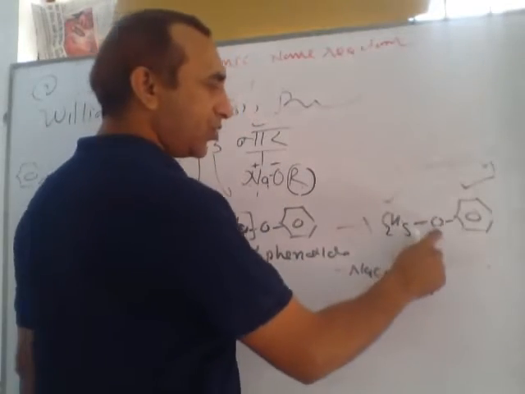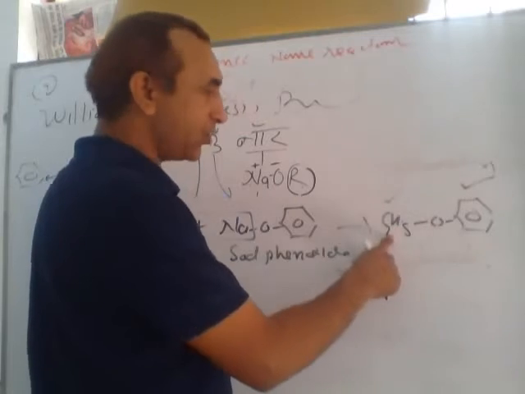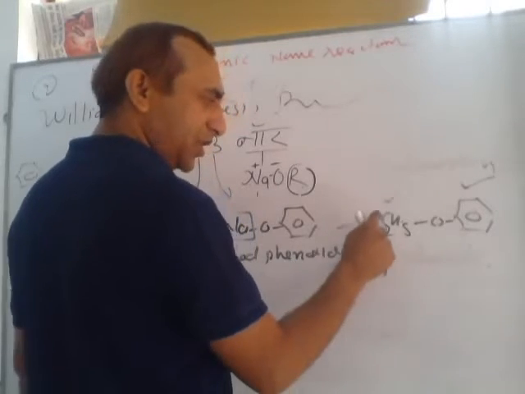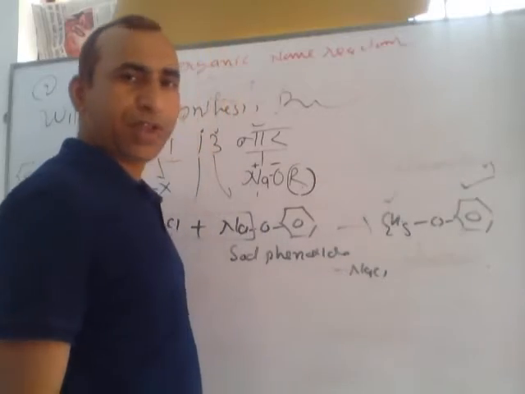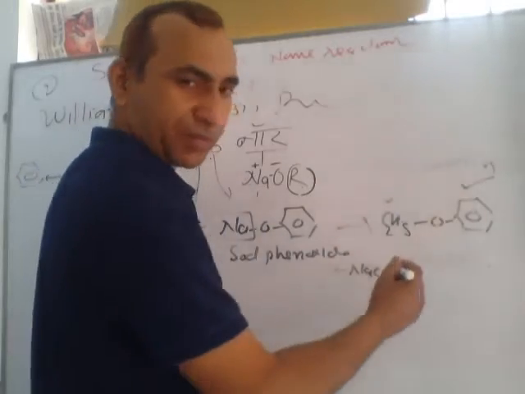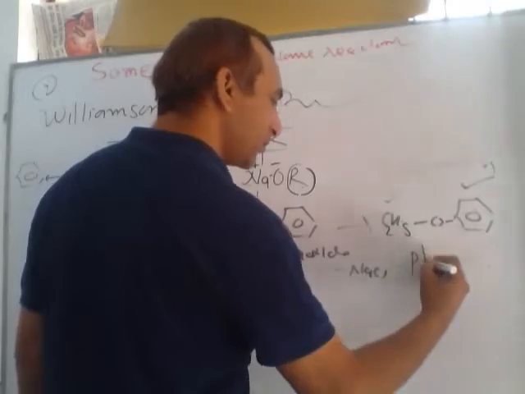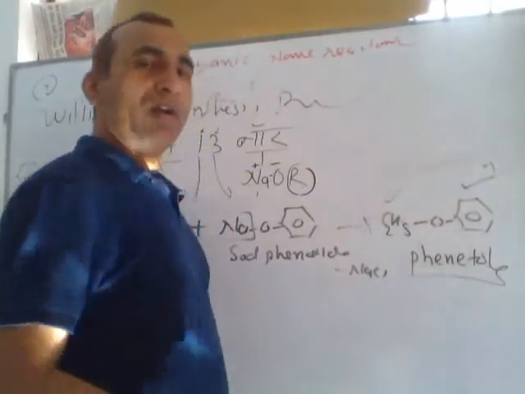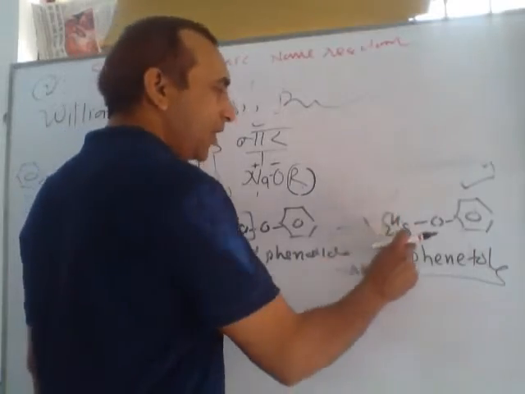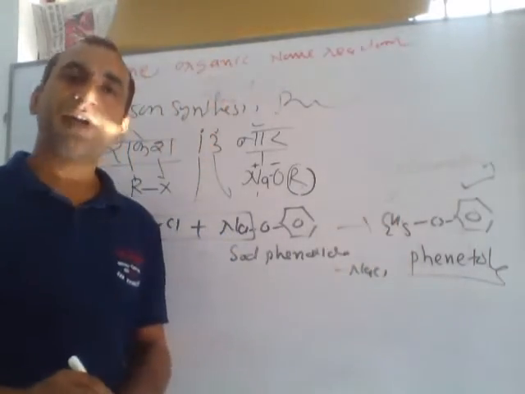We use this O with the smallest group. This is the large group, and this is the small alkyl group. Ethoxybenzene is its IUPAC name, and its special name is phenetole. If it is the CH3 compound it is called anisole, and this one phenetole.